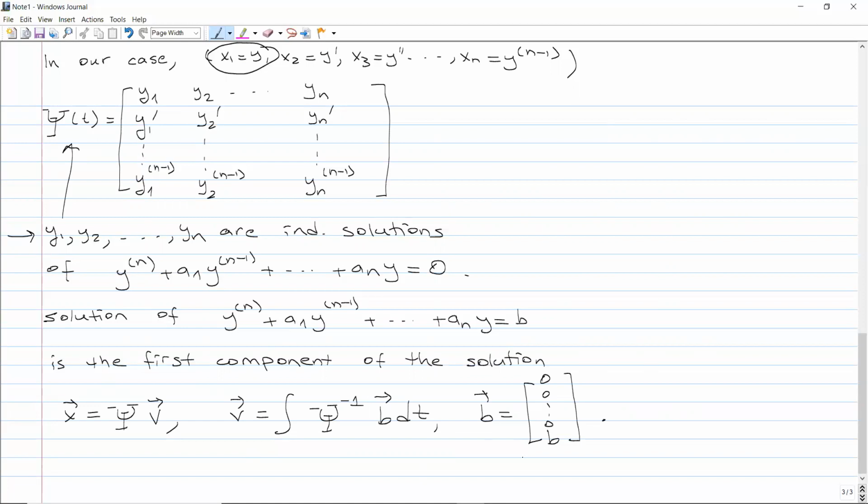Using this vector b and the fundamental matrix, we find the vector v, and use this v to find the solution x, and our solution is just the first component of x. Well, I guess it sounds complicated, so let's work out an example. I'm hoping that in the example it will be more clear.